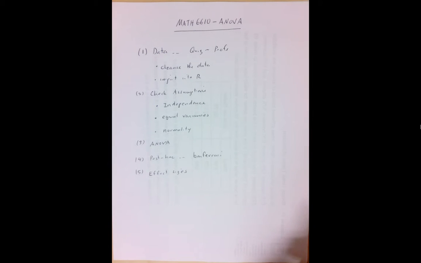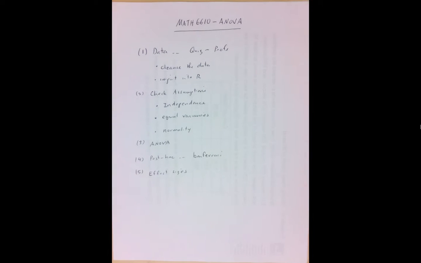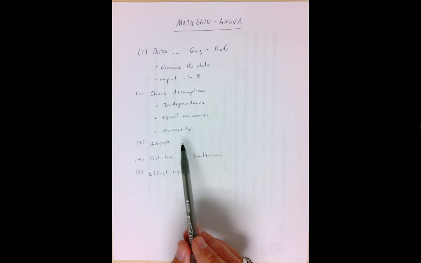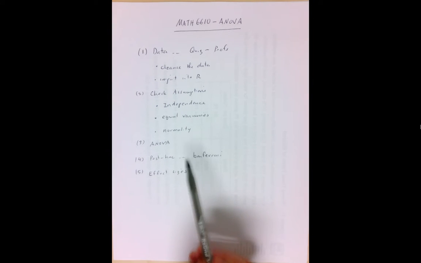So, guys, 6610, 6620 is just trying to get you ready for the master's thesis, if you complete the program. Keep in mind that if you get into your research, into your thesis, and you need to conduct an ANOVA, then all you need to do is come back to this video, and I'm going to tell you everything you need to know to conduct an ANOVA at the research level.